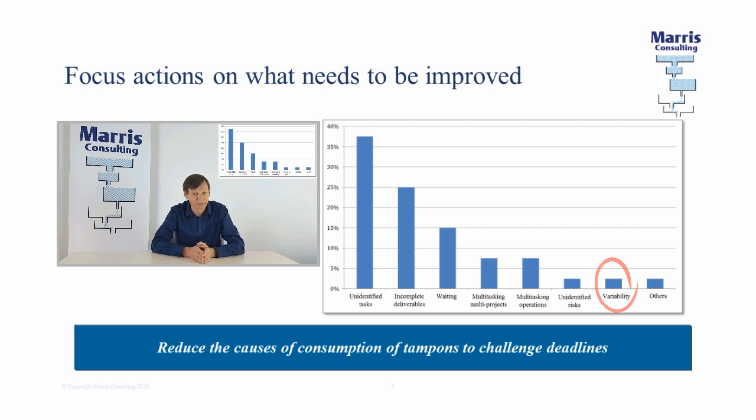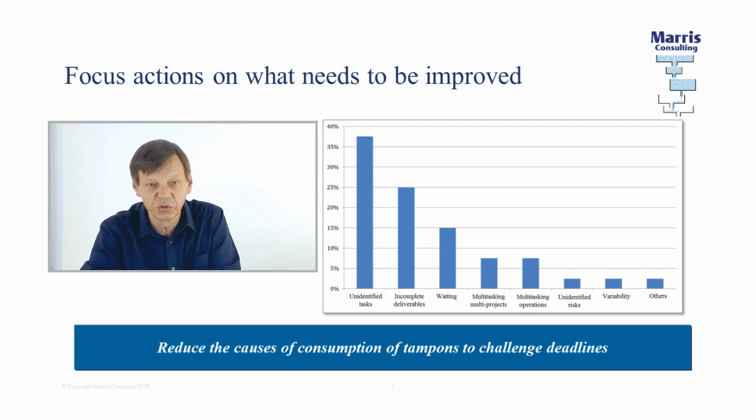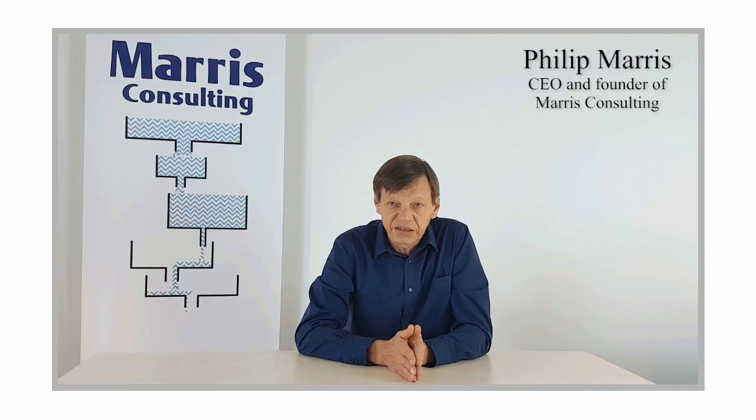So what was happening? The first cause of consumption was unidentified tasks. Okay, that's to say that somebody would have to do something that wasn't even in the planning. Somebody had forgotten to say we need to do this. Okay, and that is something that we find happens quite often.